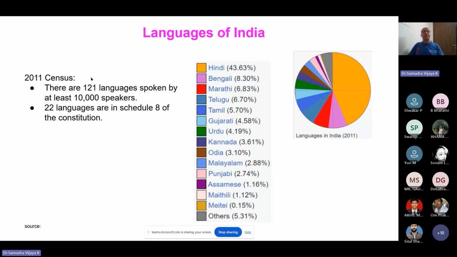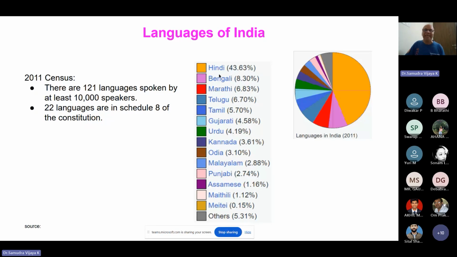Out of these 121 languages, there are 22 languages which are listed in the Schedule 8 of the Constitution, so-called scheduled languages. Now, what is the ratio of the people who speak these languages?